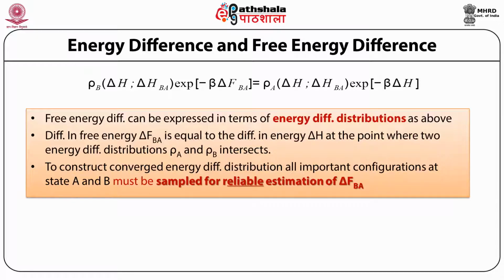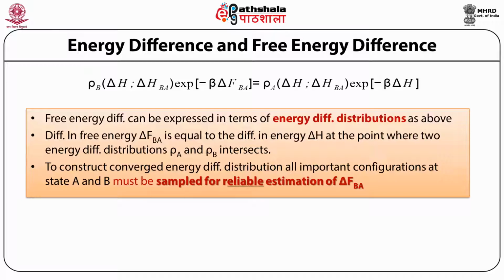To construct these energy difference distributions properly, we need to go through all the possible conformational states in A and B, which must be sampled for a reliable estimation of delta F_BA. That reliable estimation is the most important.